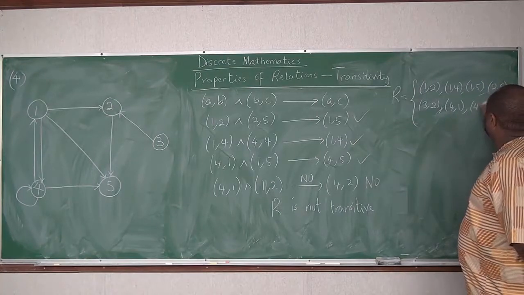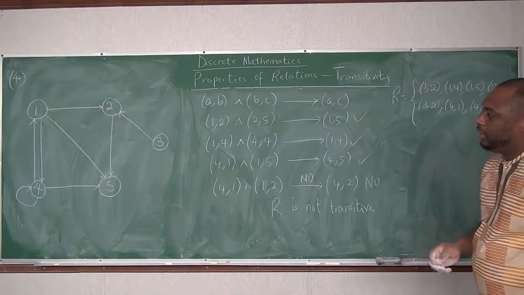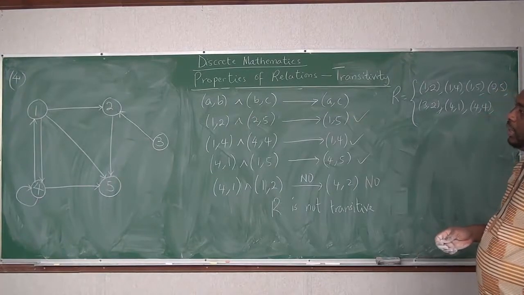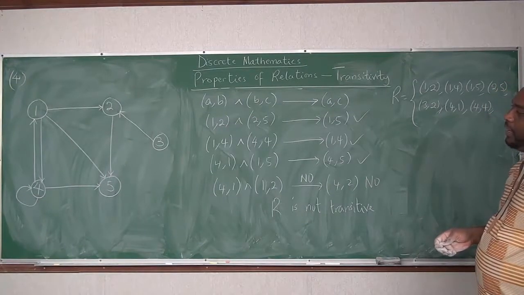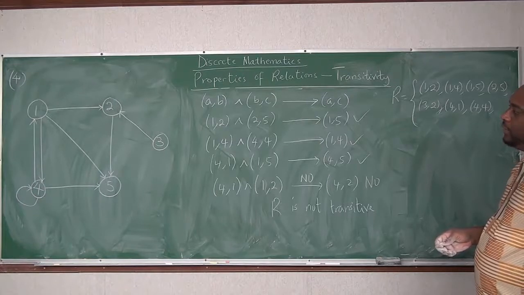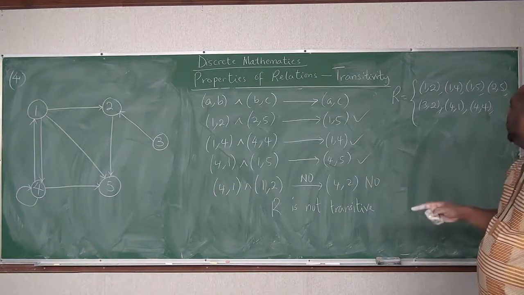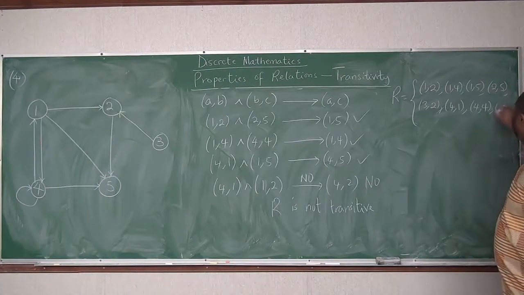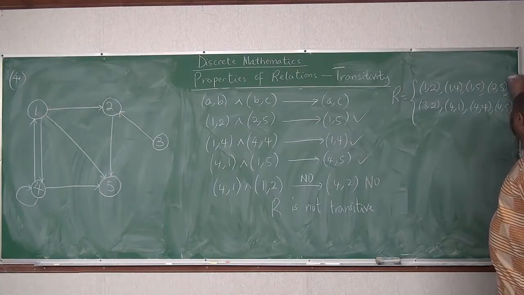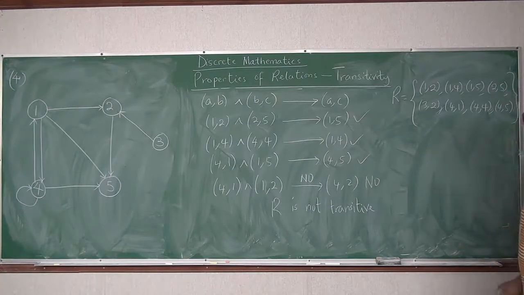Then 5, we actually don't have 5, then 4, 5. Okay, this is what we have: 1, 2, 1, 4, 1, 5, 2, 5, 3, 2, 4, 1, 4, 4, 4, 5.